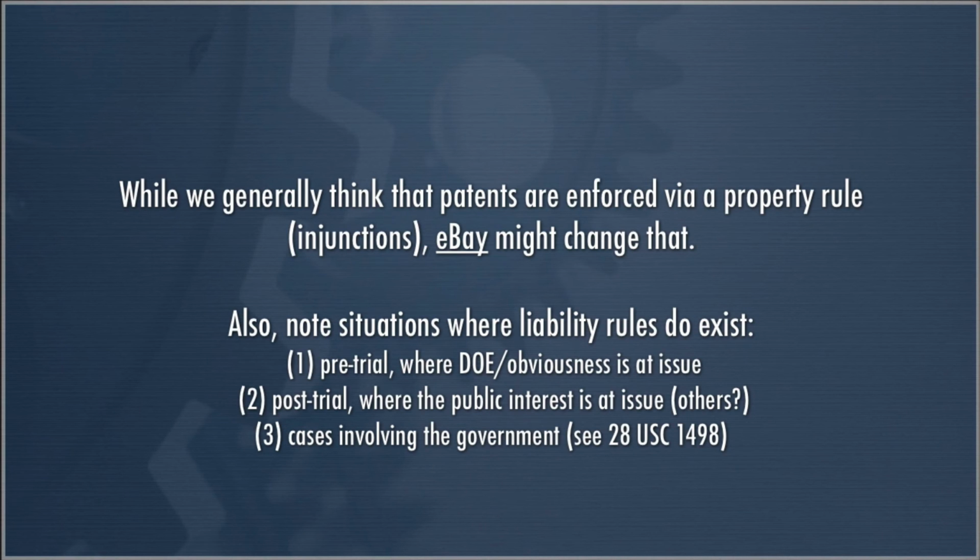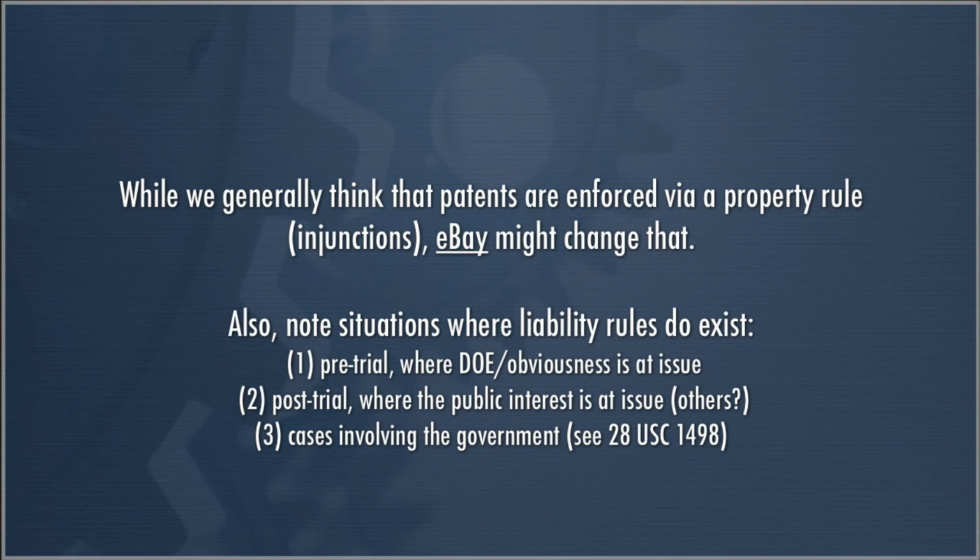Right? So eBay might change this idea that we think that patents are a property rule. And there are also a few situations where there are liability rules, right? So pre-trial, where doctrine of equivalence or obviousness is at issue, as we'll find out in just a moment, you basically can't get an injunction, a preliminary injunction in that context, right? Post-trial, where the public interest is at issue, right?